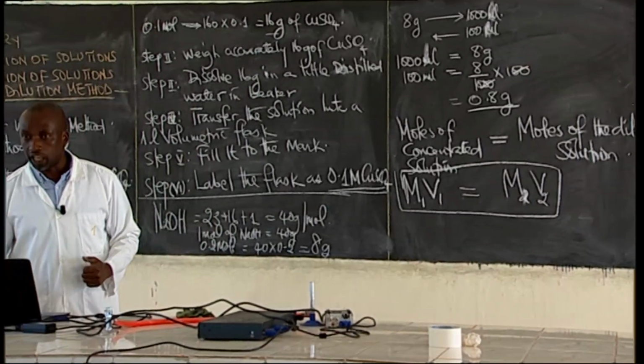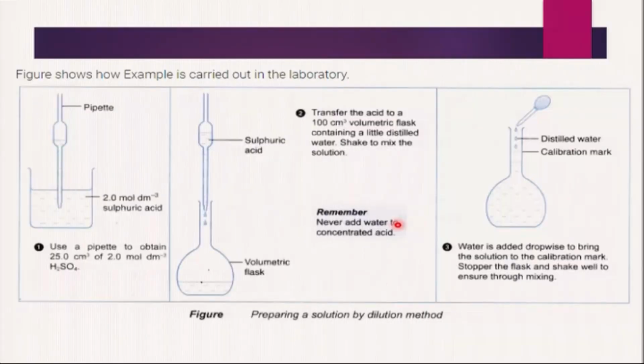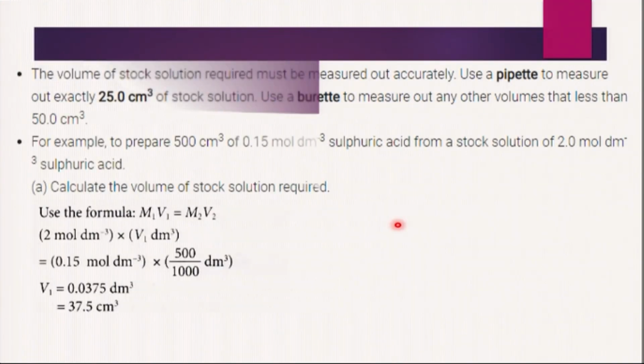You want to measure, for example, 50 cubic centimeters of 0.1 molar per decimeter cubed sulfuric acid from a stock solution, that is the concentrated solution, with a molarity of 2 molar per decimeter cubed.